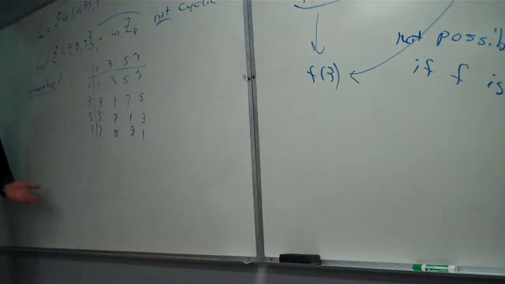So there's no way that we could build an isomorphism here where we've got some elements that aren't their own inverse and we're trying to map to a group where everything is its own inverse. So again, that's a difference in structure.